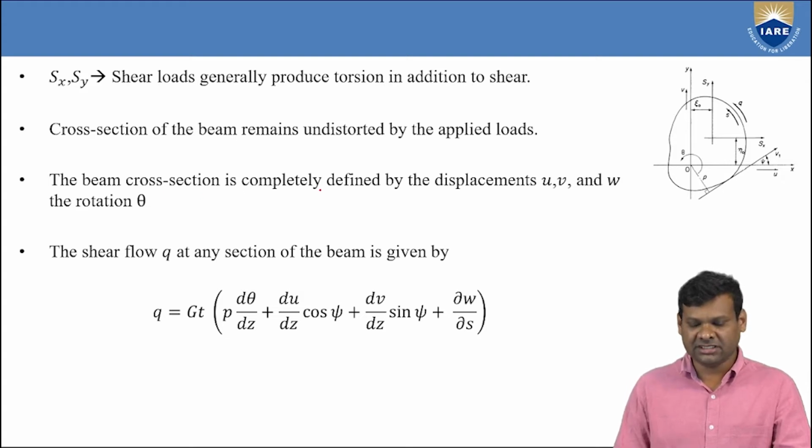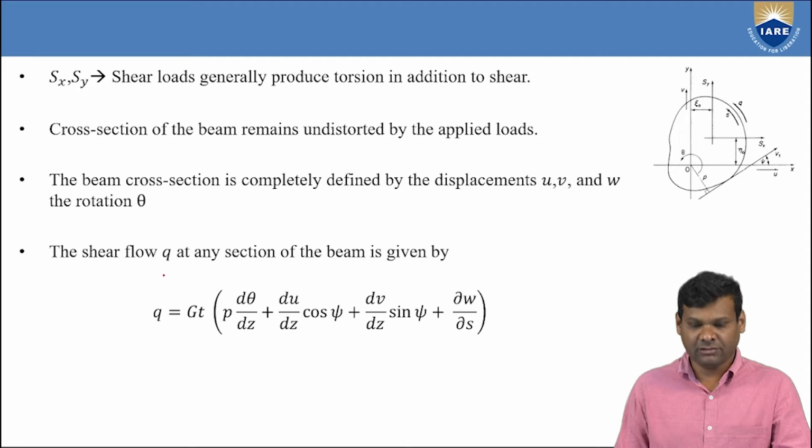The beam cross section is completely defined by the displacements u, v and w and the rotation theta. W is a displacement along the z direction that I have not represented in the previous slide, u and v are the displacements along the x and y axis, and theta is a rotational displacement. The entire cross sectional displacement can be defined with respect to u, v, w and theta, that is the four variables.